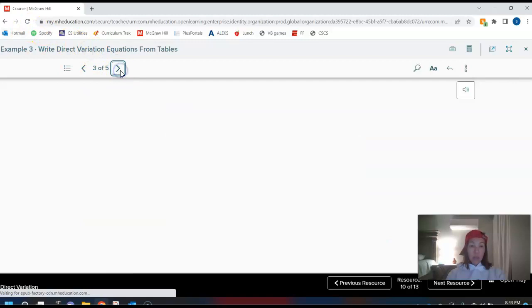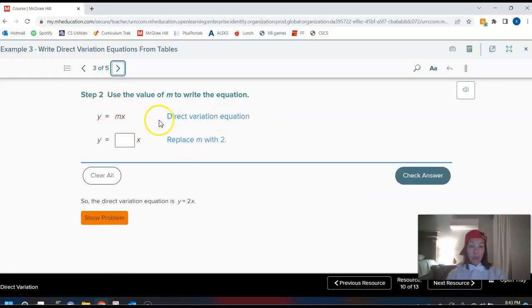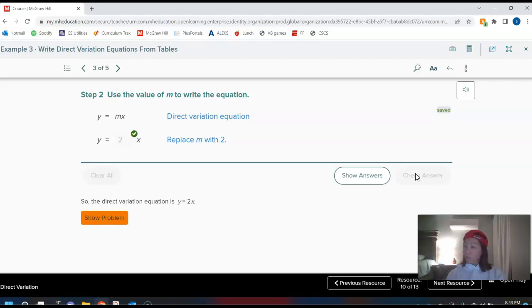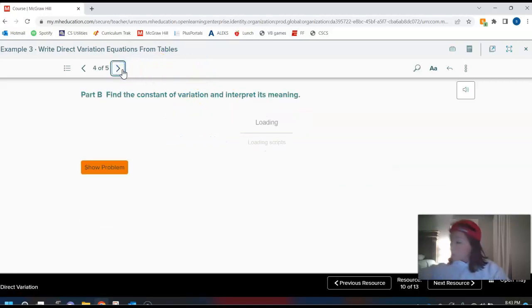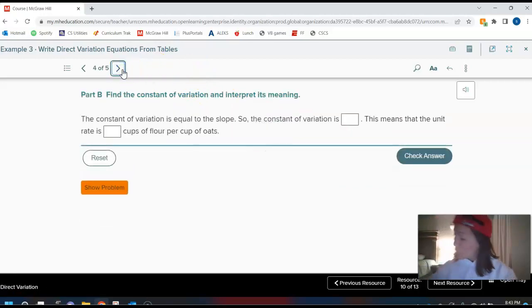Now that we have the slope, plug it into the equation. So direct variation equations, proportional equations, look just like this. We just put the 2 there. And then find the constant and interpret its meaning. So the constant of variation is 2.